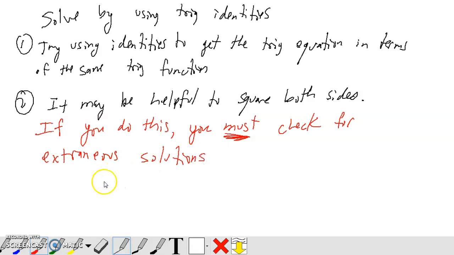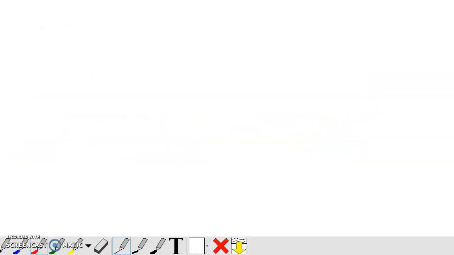This is really the only type of problem that you 100% must check, if you square both sides. This is the only one where you must check all of your answers for extraneous solutions. Okay, so let's try a few right now.